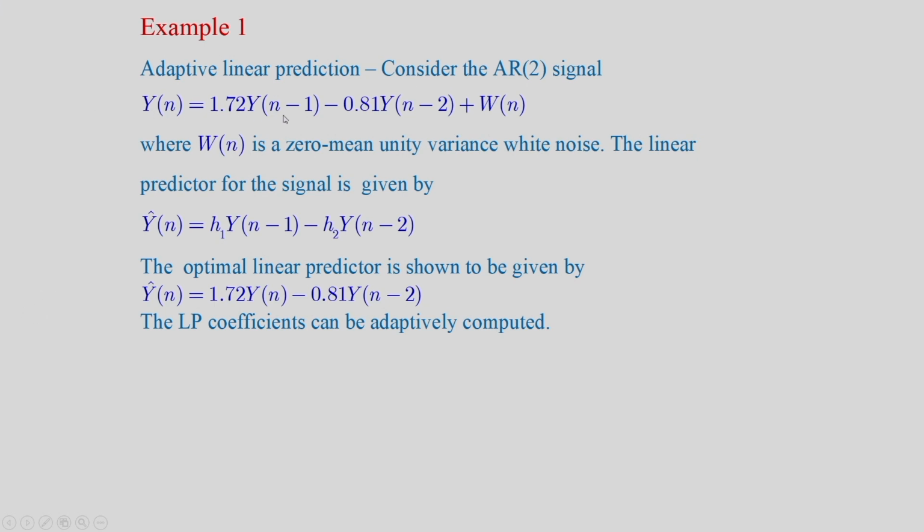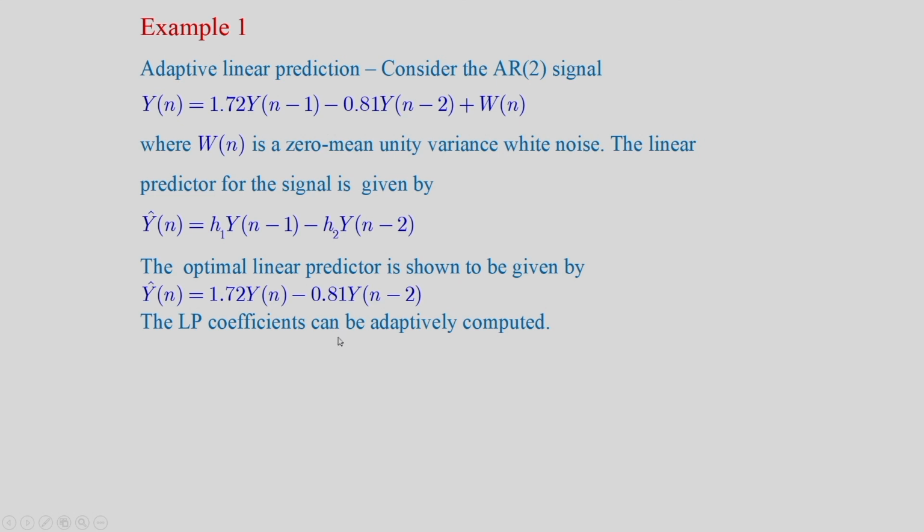This is an autoregressive process of order 2, and the second order linear predictor for this signal is given by y hat n = h1 y[n-1] + h2 y[n-2]. Under the optimality condition, we can show that this linear predictor is the same as the AR process terms, so y hat n = 1.72 y[n-1] - 0.81 y[n-2].